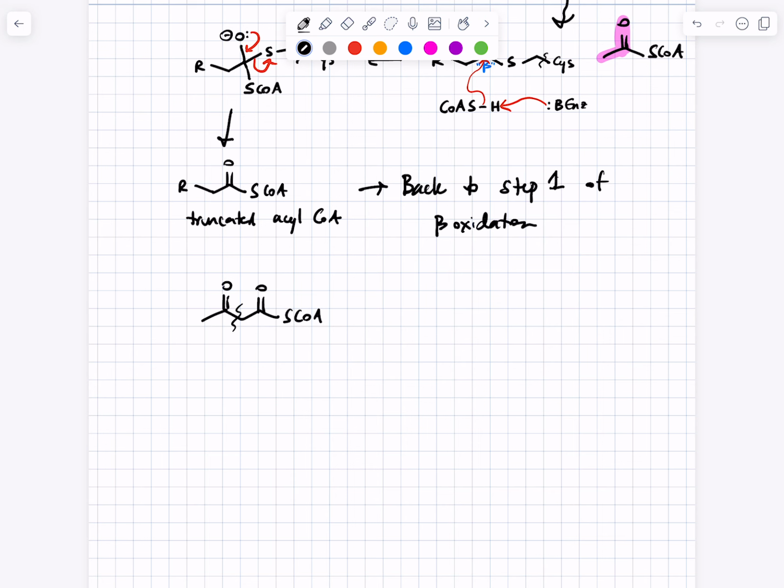And once you do the retro-Claisen, step 4 of the last reaction will give you 2 molecules of acetyl-CoA. All right? Does that sort of make some sense?